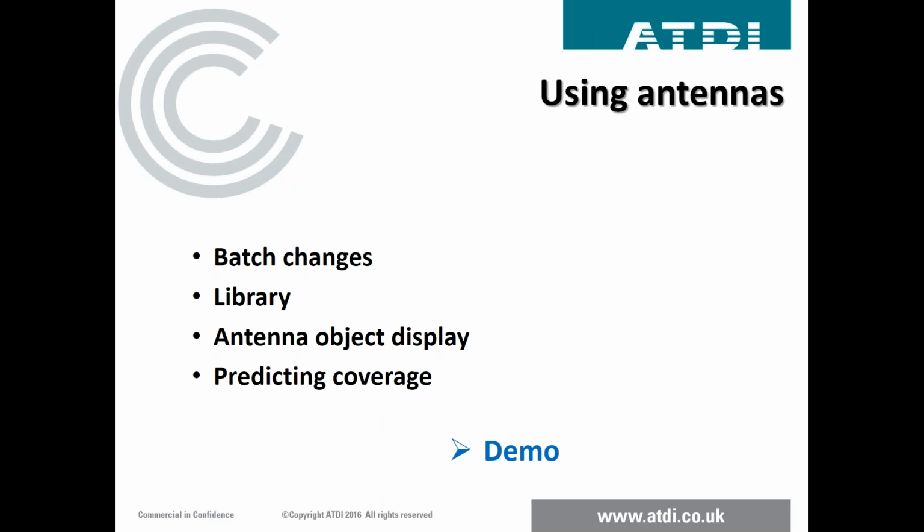So that was batch changes and antenna object display. So I'm just going to talk about the library. And the question was about adding an RPE antenna. That's right. Okay, so let me just take you through.